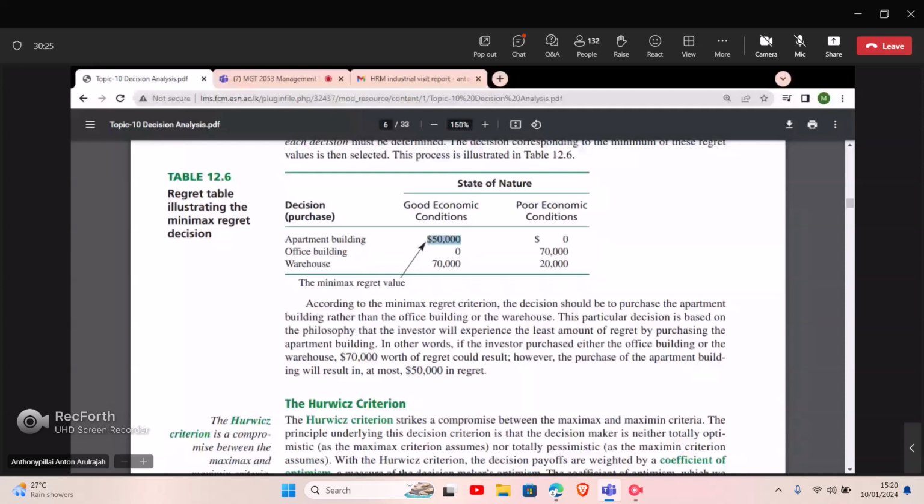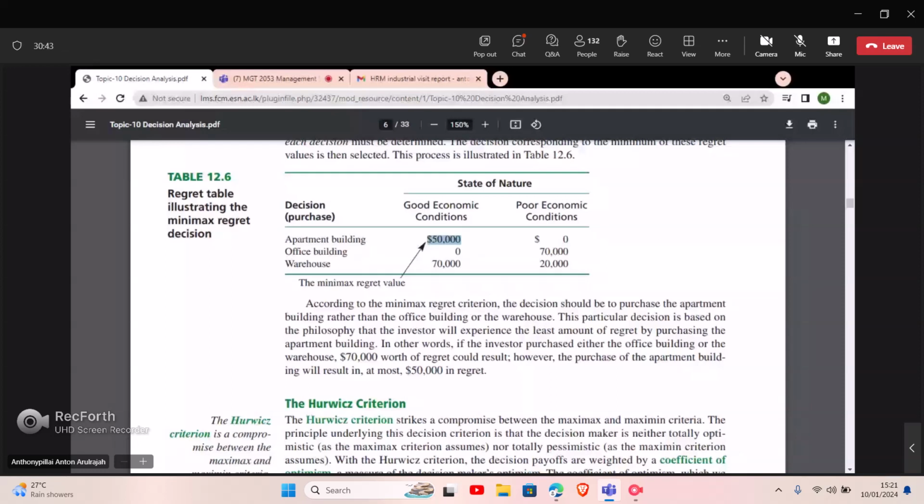This particular decision is based on the philosophy that investors will experience the least amount of regret by purchasing the apartment building.